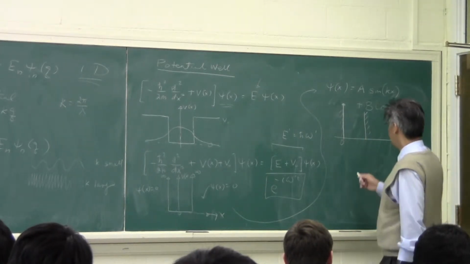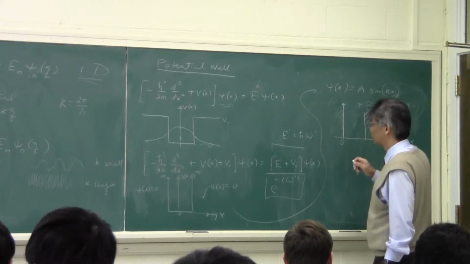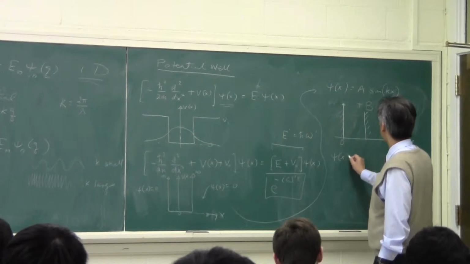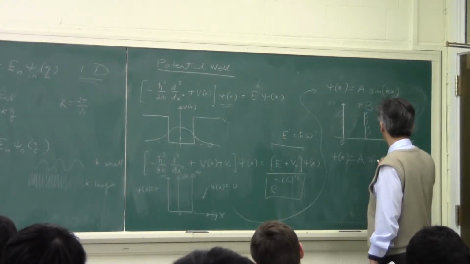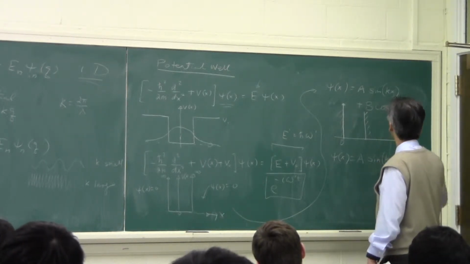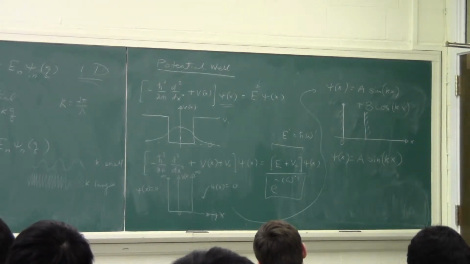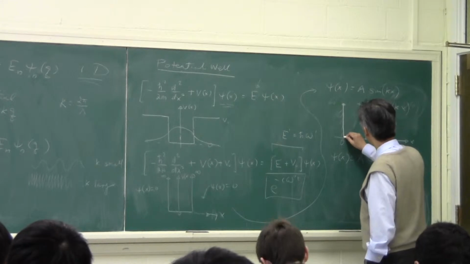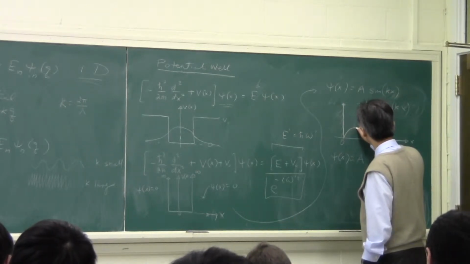Okay, and I will have to take sine x as the solution, because the wave function has to go to 0 outside, so the solution must look something like this.